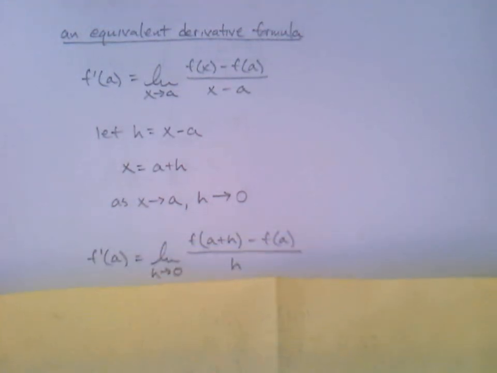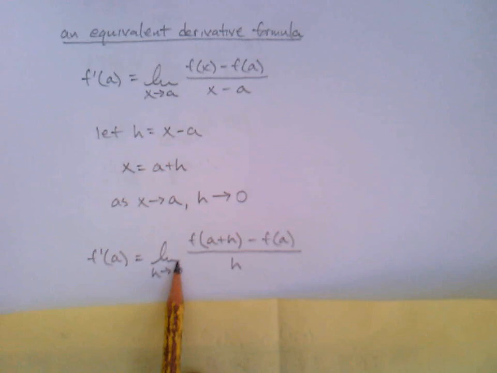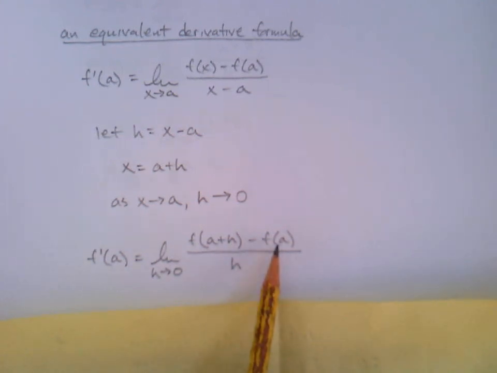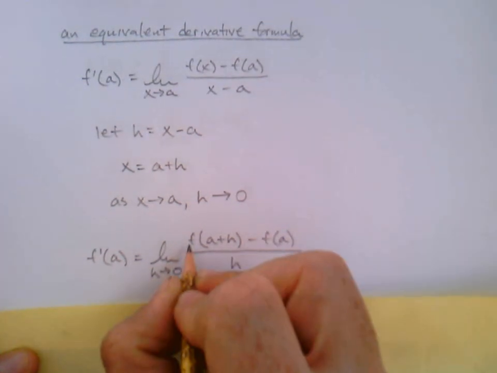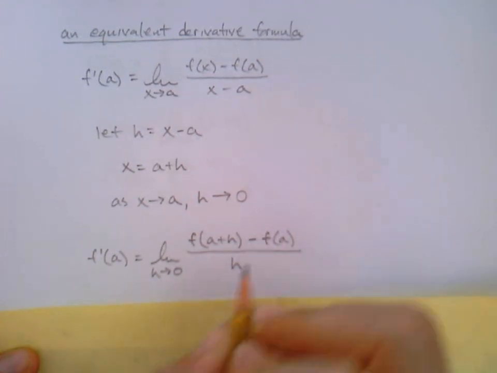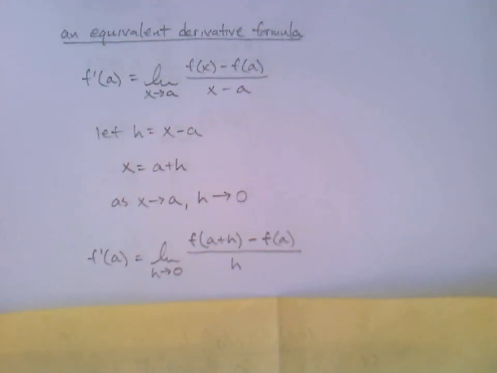Okay, we're ready. Here's the new formula. f prime of a is equal to the limit as h approaches 0, f of a plus h minus f of a all over h. And there you go.